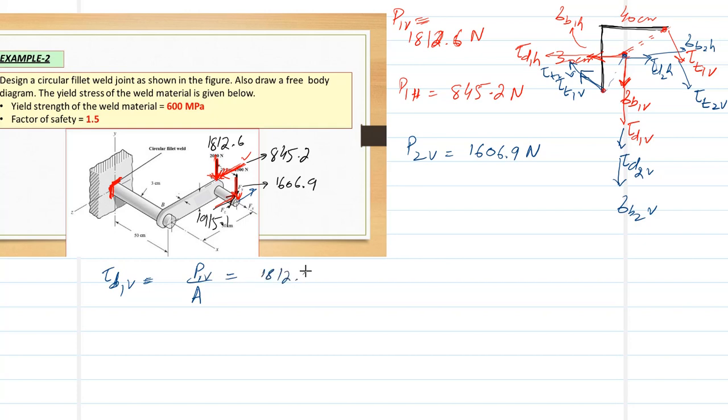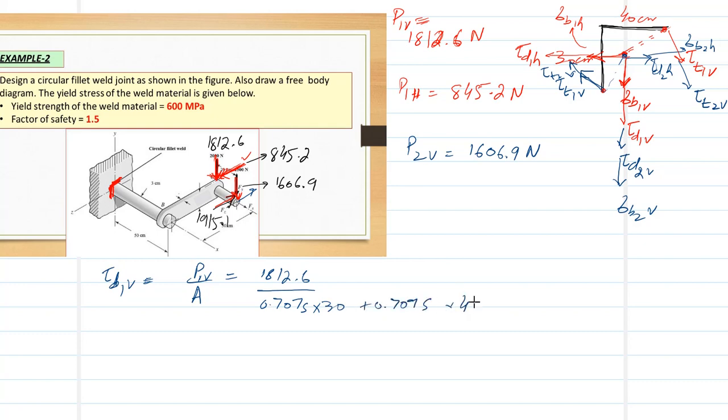Now area is the area of this L-shaped weld, which is 0.707 S into 30 plus 0.707 S into 40.